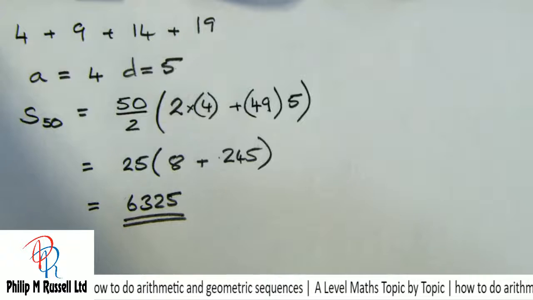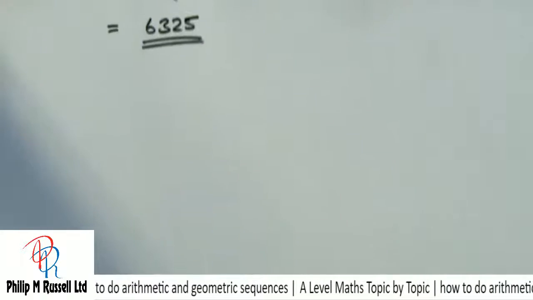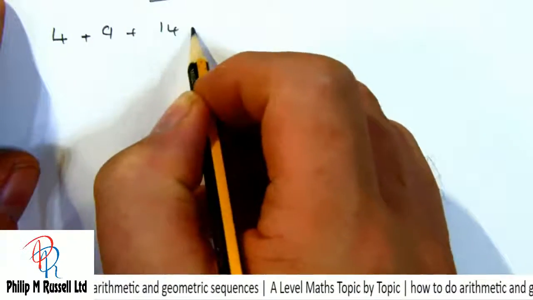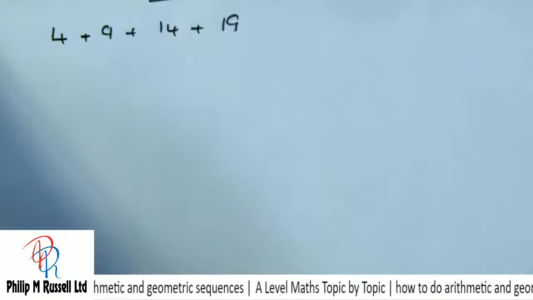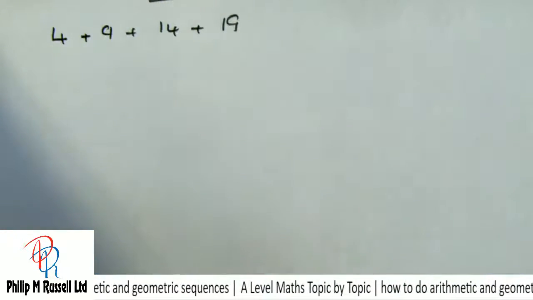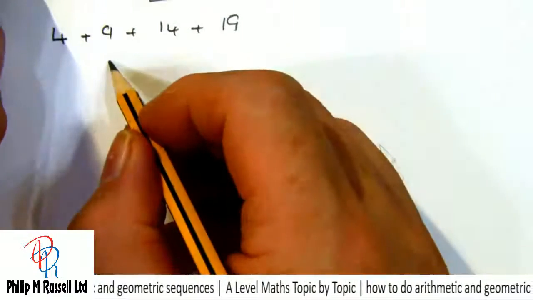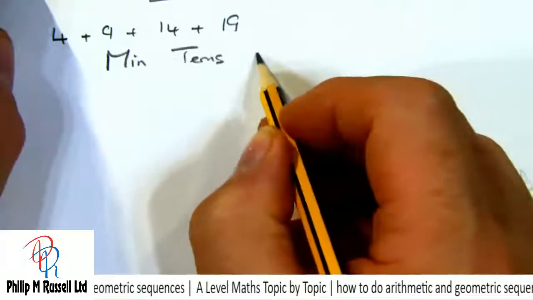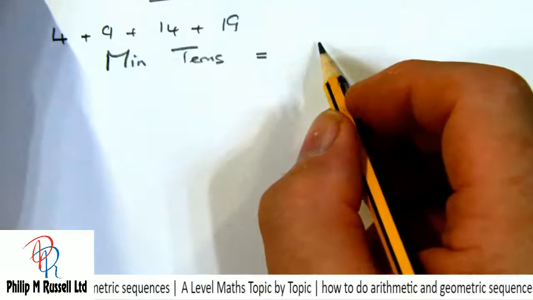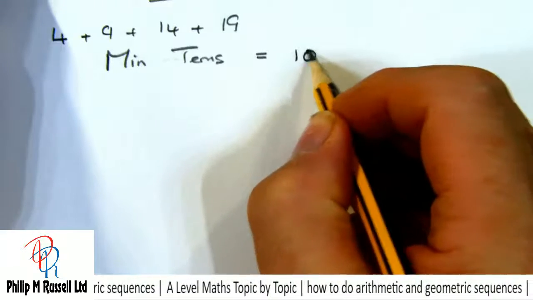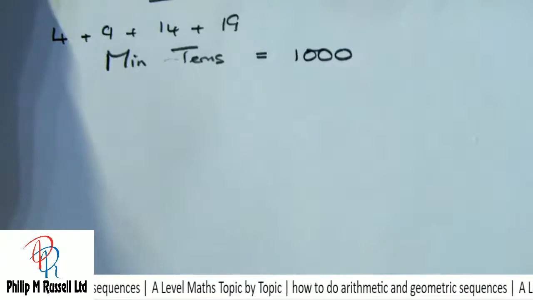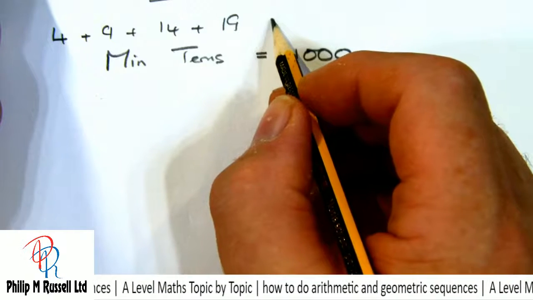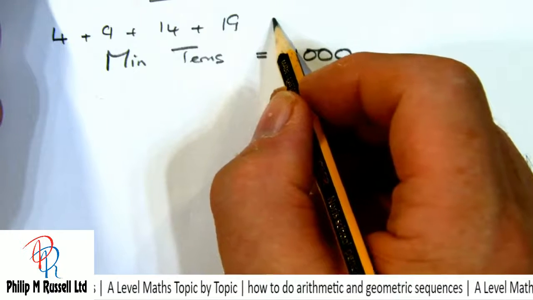We could have the same sort of sequence. Let's just take that same sequence: 4 plus 9 plus 14 plus 19, and we might be given the problem to say, right, what's the minimum number of terms which is going to be just less than, I don't know, 1,000.